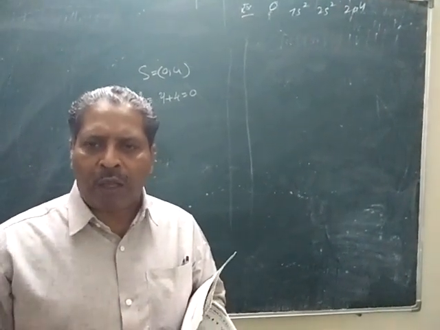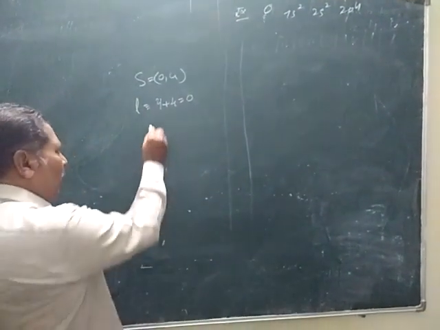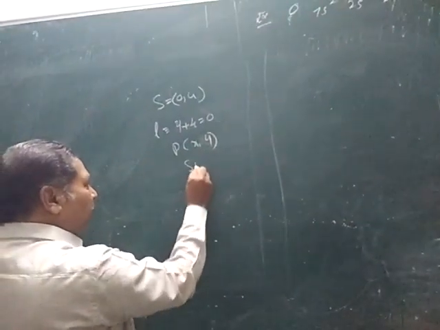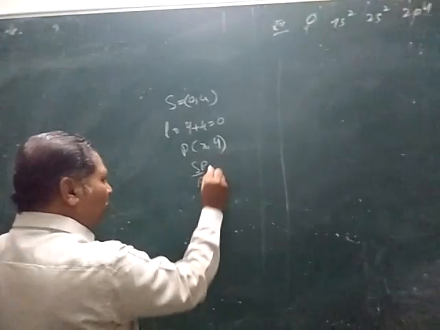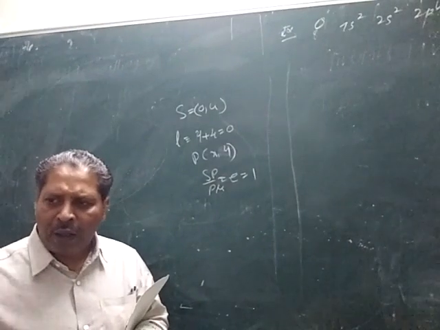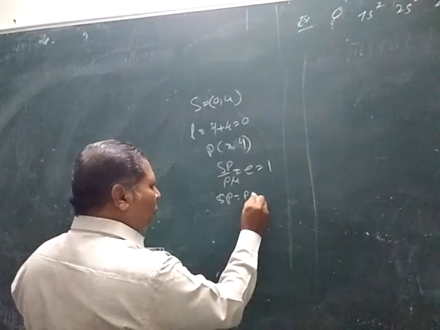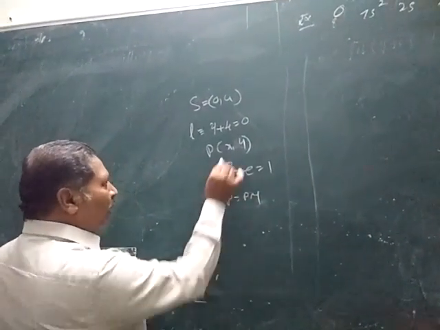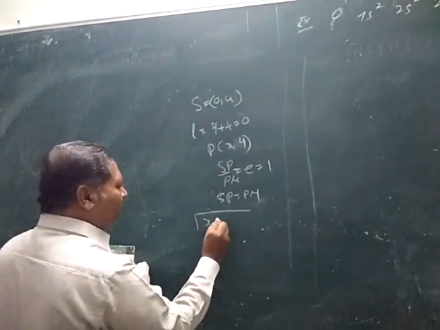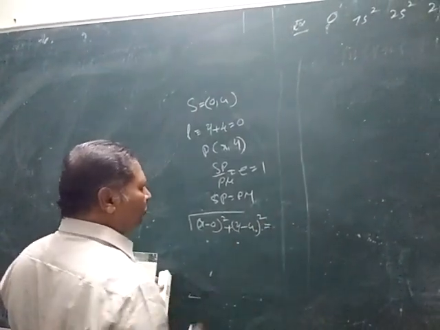We apply the formula SP by PM equal to e. Let P be (x, y). SP by PM equals e, and in a parabola the e value is 1, so SP equals PM. The distance between S and P is the square root of (x - 0)² + (y - 4)².